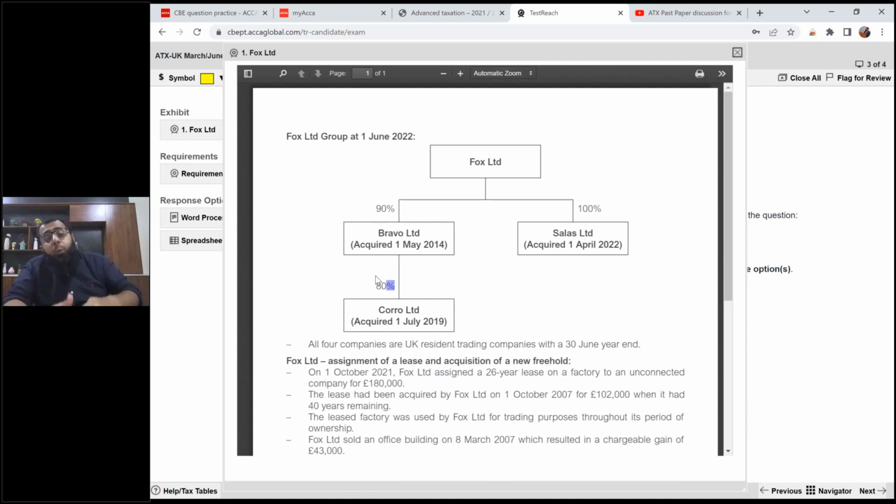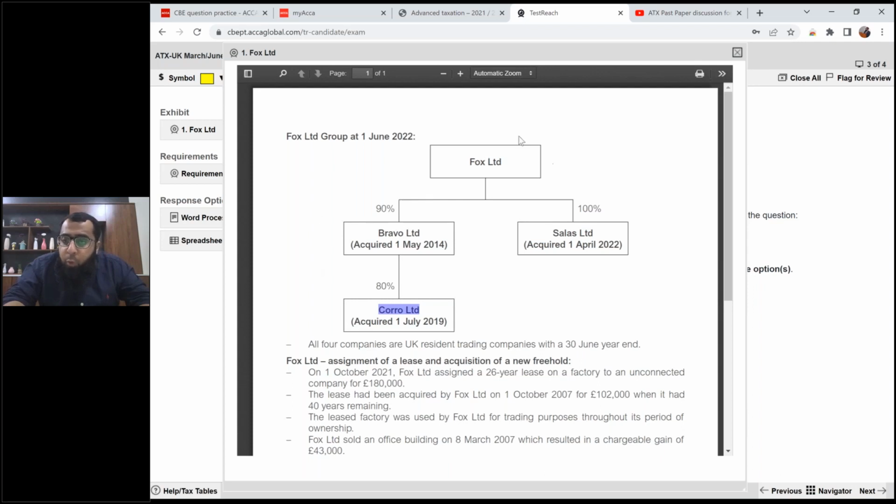If the indirect holding is 72%, you can form a capital gains group with Coro Limited, but you cannot form the 75% group. I will repeat it again. Fox, Bravo, and Salis. These three can form capital gains group and 75% group both.